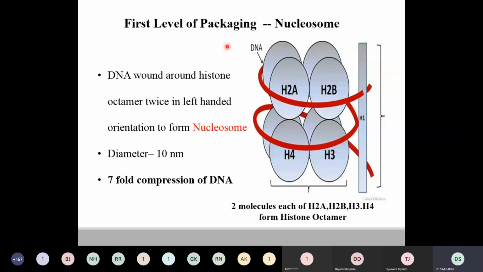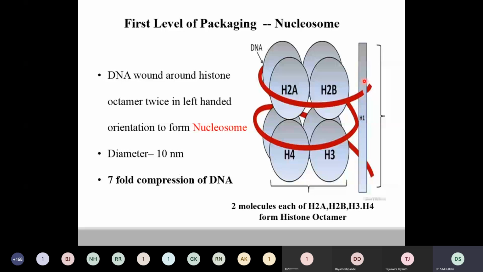The first level of packaging involves the formation of a structure called a nucleosome. A nucleosome consists of a histone octamer. The word octamer means 8 molecules, 2 molecules each of 2A, 2B, 3 and 4. All these 8 molecules form a histone octamer.